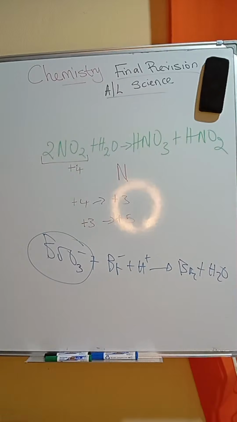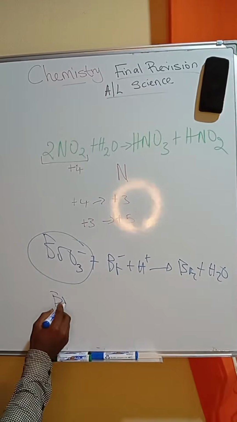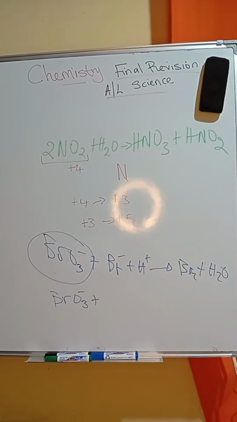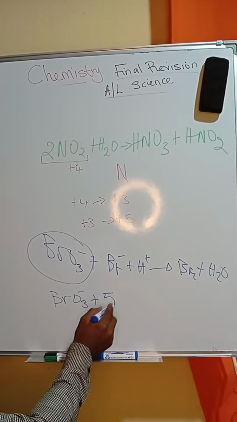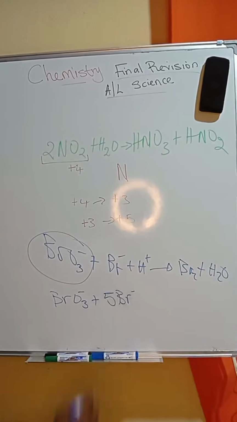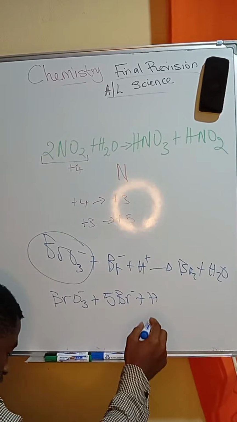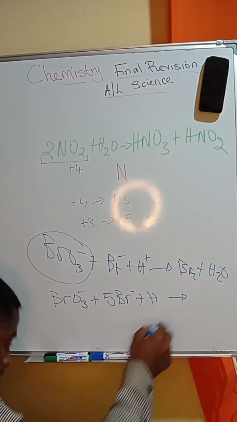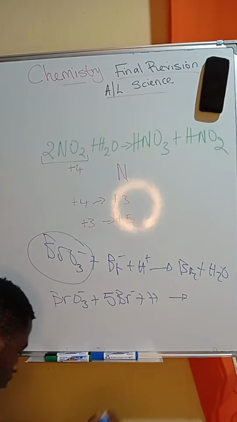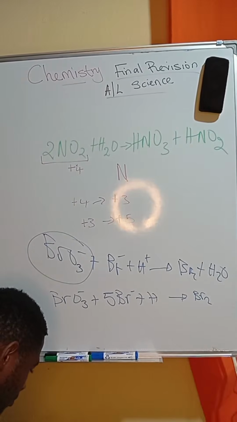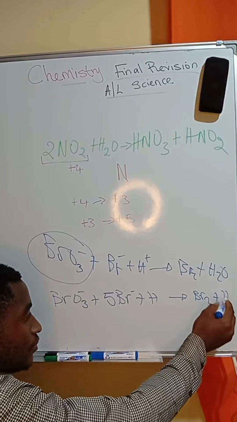You should see, we have the bromate, BrO3 negative, and the oxidation state of bromine was 5, so I'll put 5 bromide minus, plus hydrogen, to give you what? Bromine plus water.